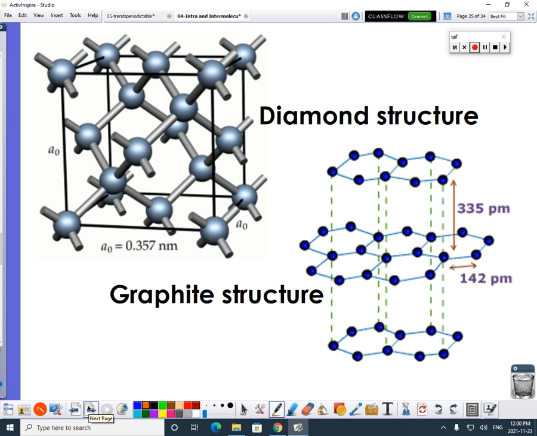So these 2 are representations of this. It's not that I'm going to ask you to reproduce these, but I just want to show you the importance of the kind of bond and how many there are when you make a solid. So these are both carbon-based, which makes them allotropes, if you've ever heard that word before.